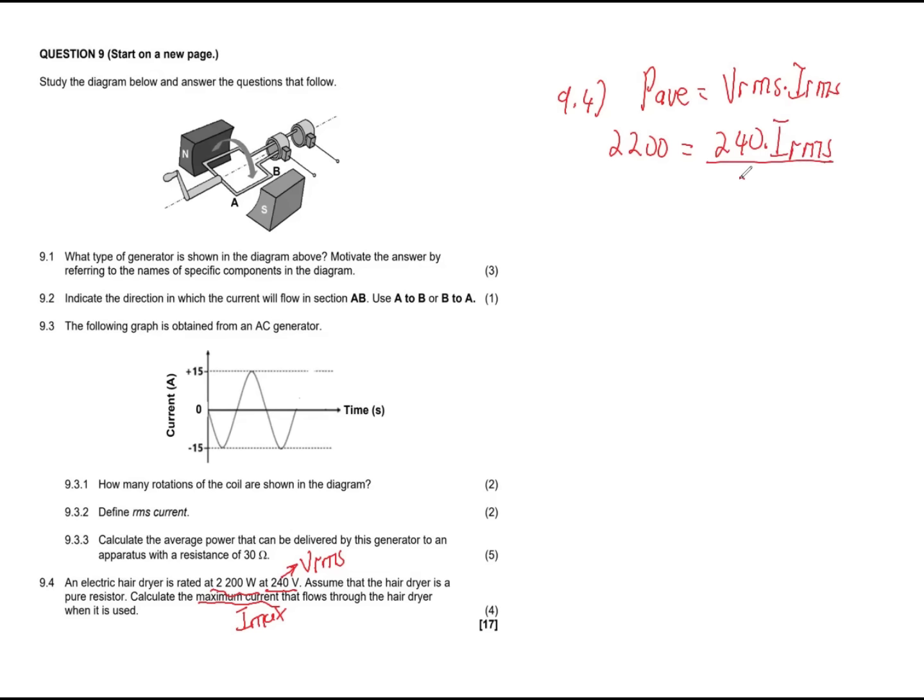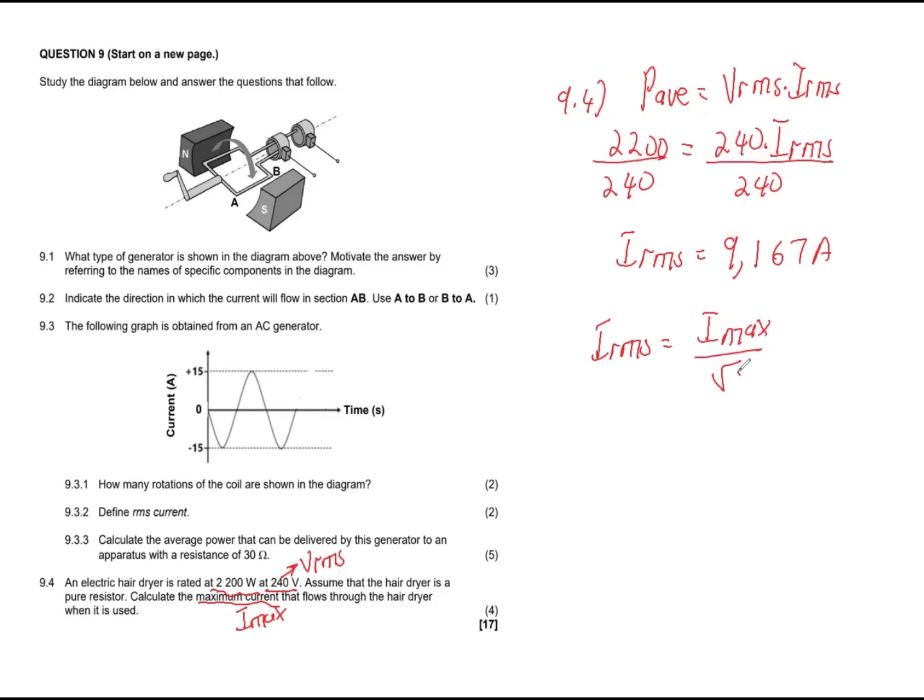Then if we divide both sides by 240, there we go. 2,200 divided by 240. Our IRMS is going to be 9.167 amperes.